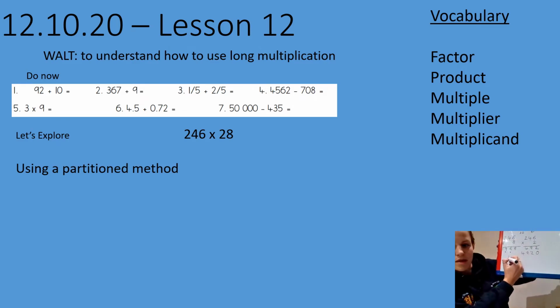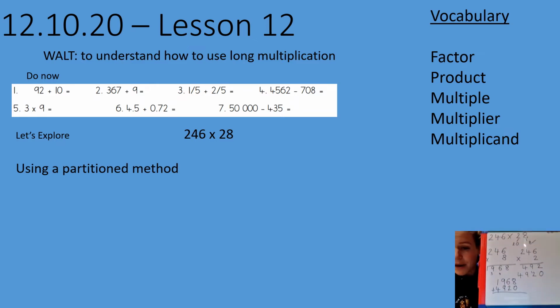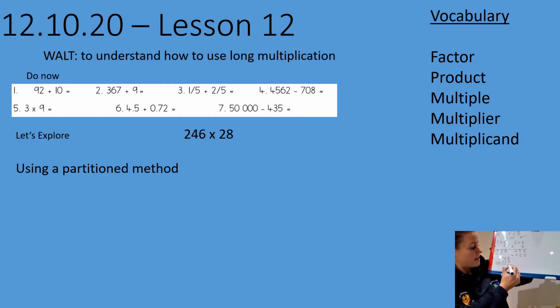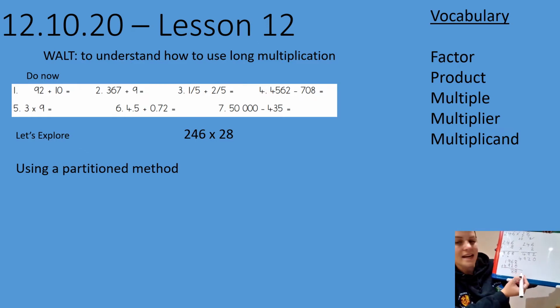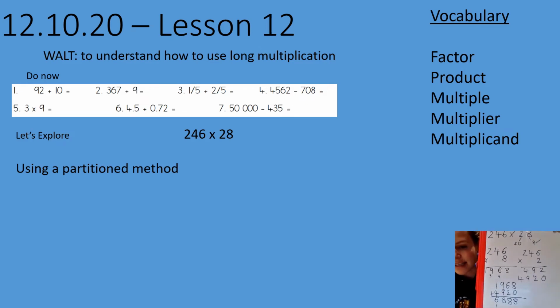And then all that's left to do is to add that product and that product together. So we've got 1,968 add 4,920. And remember, it doesn't matter which way you add those two numbers because we know that addition is commutative. We can add it in either way. 8 add 0 is 8, 6 and 2 is 8, 9 and 9 is 18, and 1 and 4 is 5, add one more is 6.